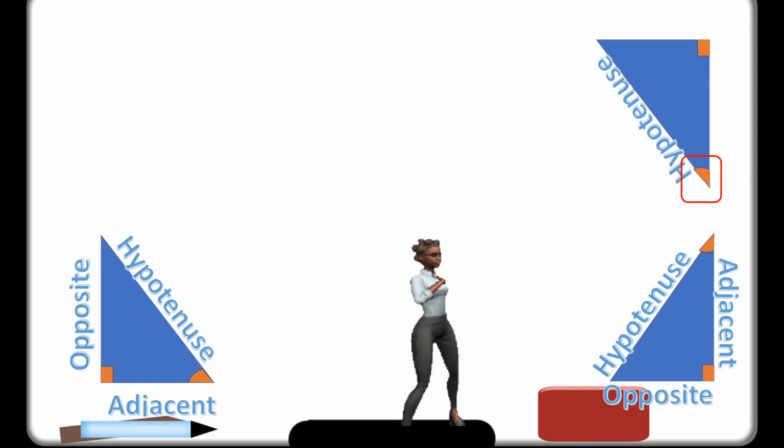Then we look at our theta to find our opposite and our adjacent. Remember, the opposite would be the side across from our theta, our acute angle, and the adjacent would be the line that is next to and touching our acute angle. On to number 4.